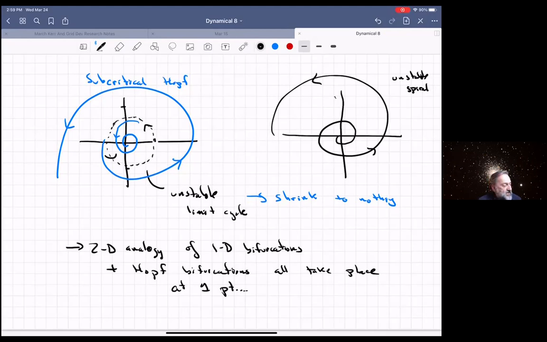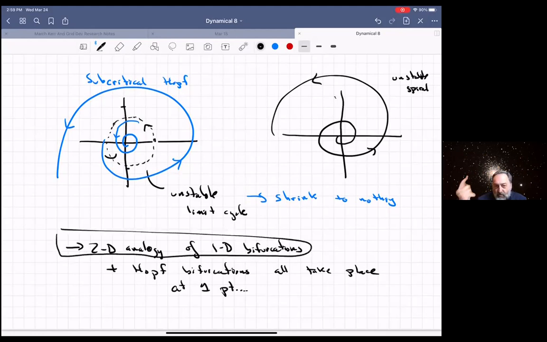So what we'll do next week is talk about bifurcations called global bifurcations, where the whole phase space changes at once, globally all over the place, not happening just at one point. And that's now very different from what happens in 1D. In 1D, we had saddle nodes, transcriticals, and pitchfork bifurcations.